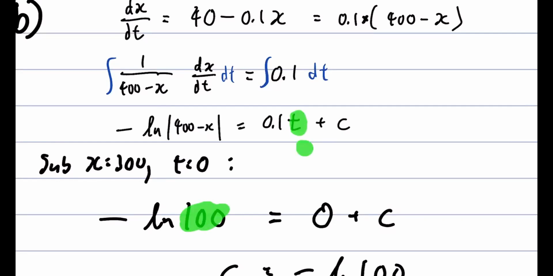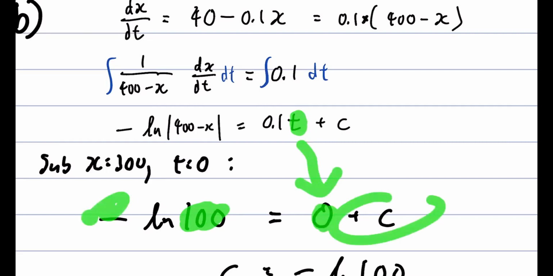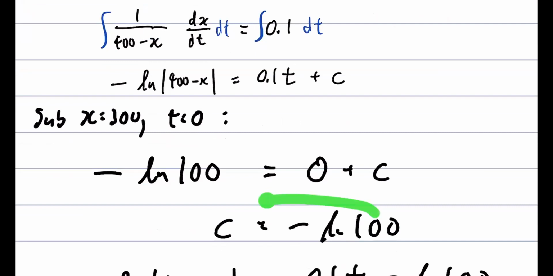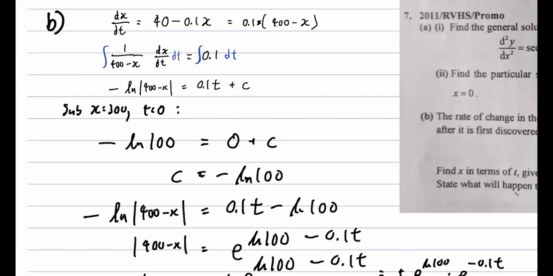Then it's just 0.1 times 0, which is just 0, plus c. Negative sign. This part okay? Yeah. So c is equal to negative ln 100. Sorry, handwriting. Then you just sub in the c, then you'll get this equation here. The plus c replaced with negative ln 100.